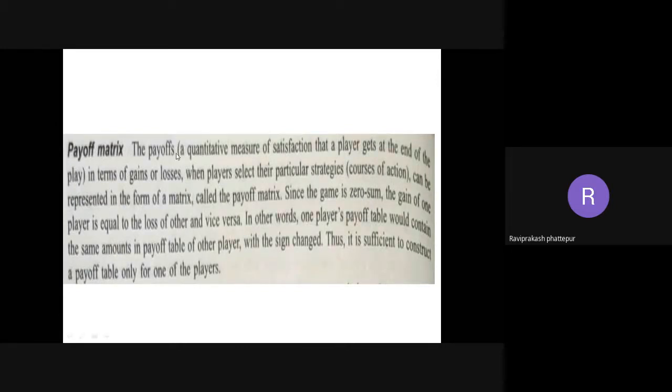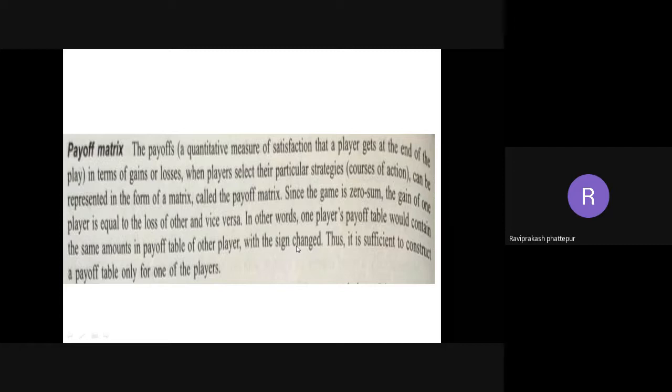Payoff is a quantitative measure of satisfaction that a player gets at the end of the play in terms of gains or losses, when players select their particular strategies. It can be represented in the form of a matrix called a payoff matrix. Since the game is zero sum, the gain of one player is equal to the loss of the other and vice versa. In other words, one person's payoff table could contain the same amount as the payoff table of the other person with the opposite sign.